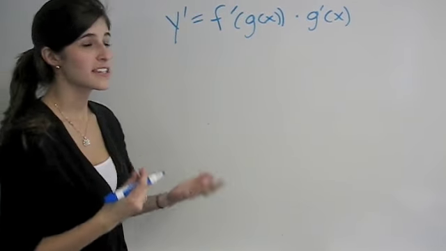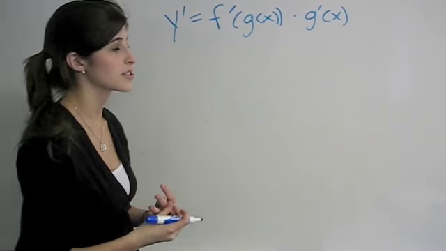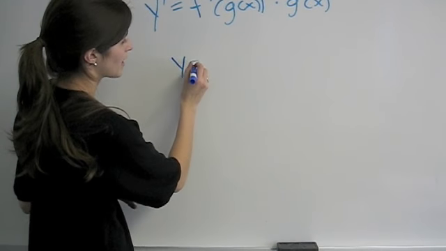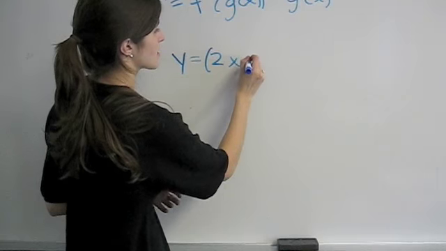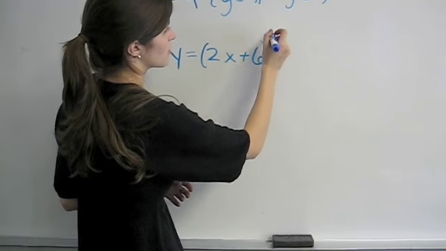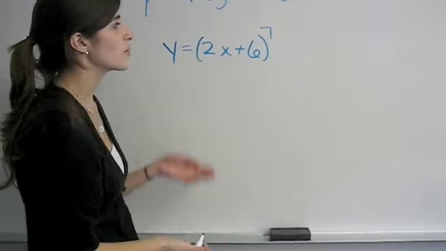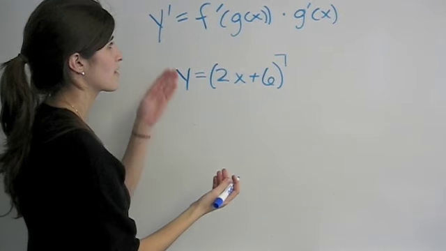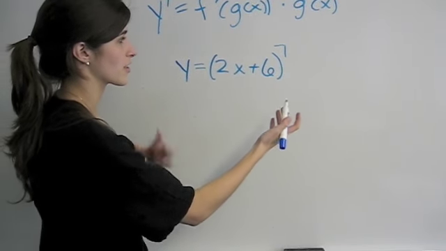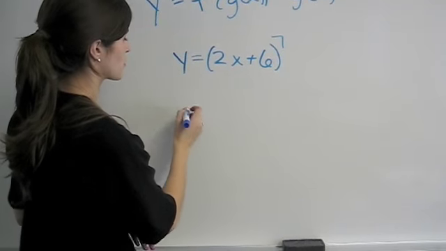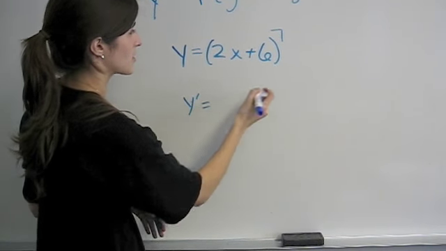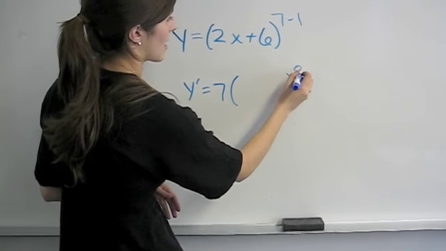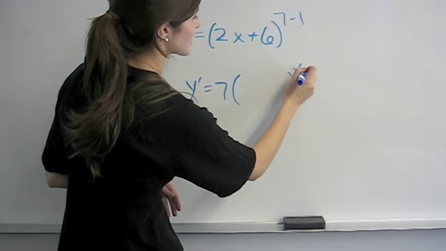Here's an example of another equation where using the chain rule is really helpful because FOILing would take way too long. If you have an equation where y equals 2x plus 6 to the, let's say, 7, it would take a really long time to FOIL that all out. Using the chain rule, f prime, the outermost part of the function, is the exponent of 7. So y prime equals, you bring the 7 down, and then subtract 1 from the exponent, and you get 6.